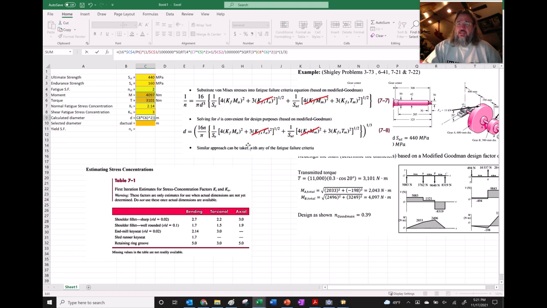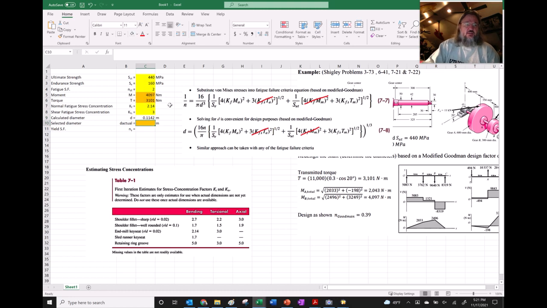I think what I did is I used the fillet instead for some reason in previous versions. So this is okay. So right here, what I'm going to use, I'm going to go 110. In the previous one, I had to do 120 in my hand calculations.